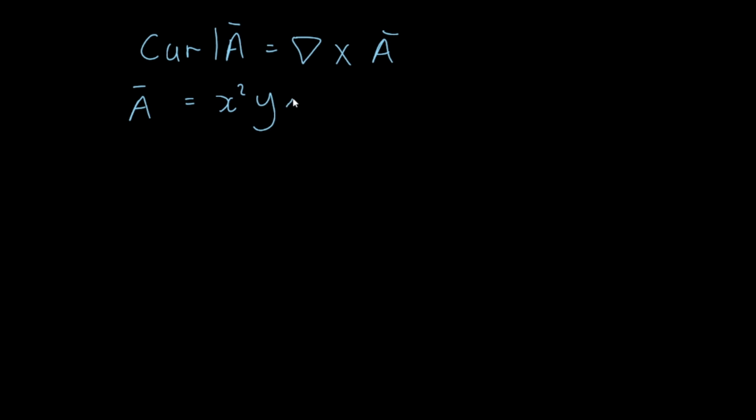So we can just compute the curl quickly of a vector. We know that the curl is just the cross product between the del operator and some vector A. So if we have A equal to x squared y plus y squared z plus z squared x, now we compute this cross product.